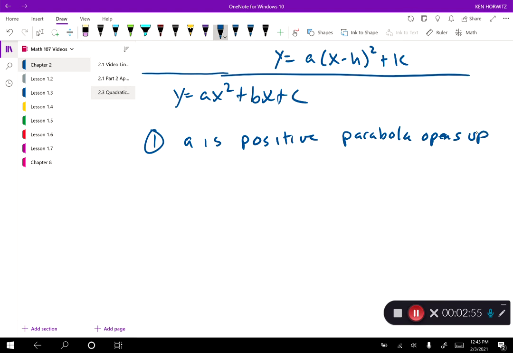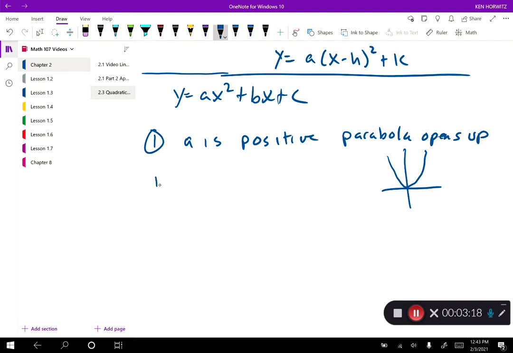And the parabola is the shape the graph makes. The parabola looks like a U, and it is the general shape of any quadratic function. Could be shifted left, shifted right, reflected, fat or thinner, but they all look like parabolas.